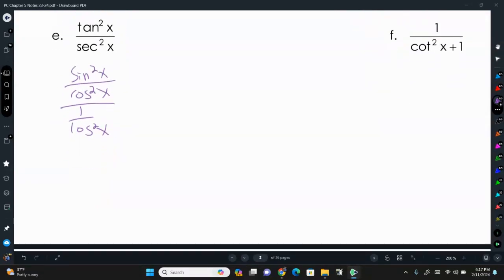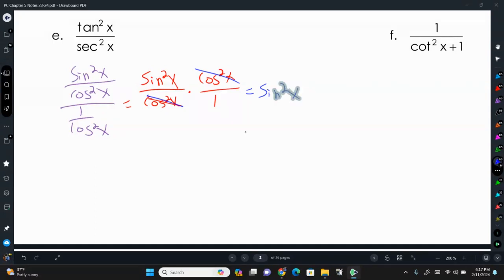And then we can rewrite this as multiplying by the reciprocal. And then that's going to give us a situation where our cosines can cancel off. So then we are left with sine squared of x. So it didn't get much simpler, but it did reduce down to, instead of two trig functions, down to one.